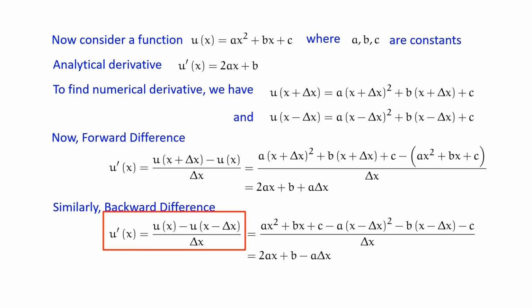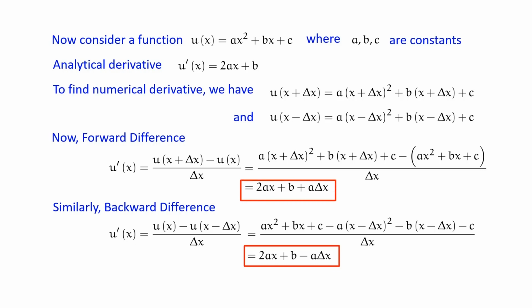Similarly, in backward difference, we have u(x) minus u(x minus delta x) divided by delta x, which gives us twice ax plus b minus a delta x. You can see that the derivatives obtained by forward difference and backward difference are different. One has plus a delta x, another has minus a delta x.